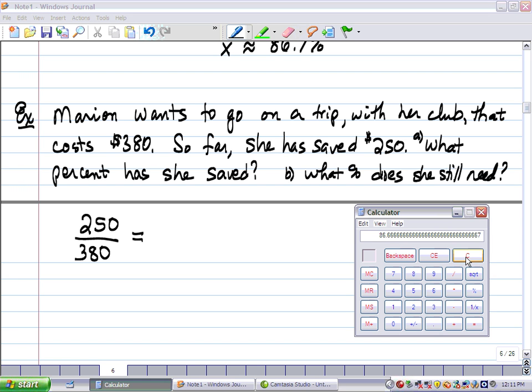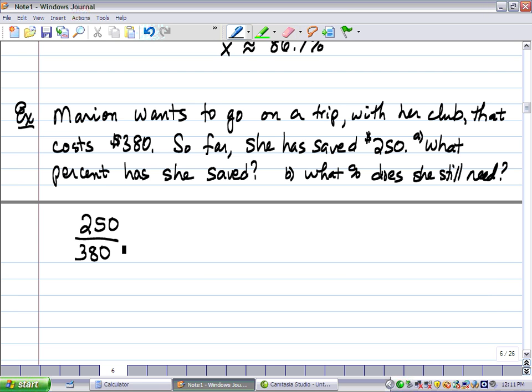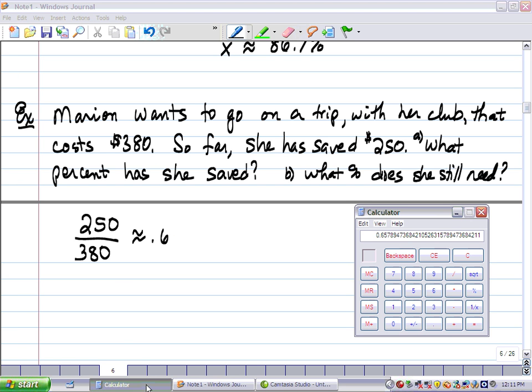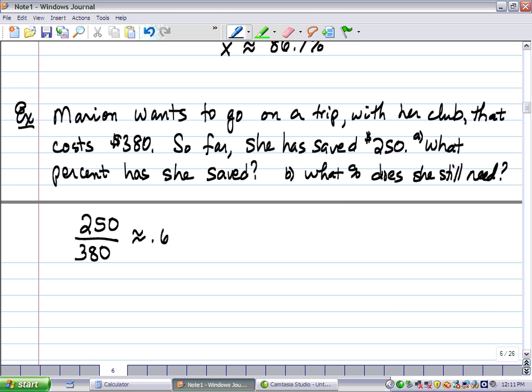Let's just change this first to a decimal. 250 divided by 380 is 0.65789. Remember, we're going to change it to a percent. It is a decimal now.